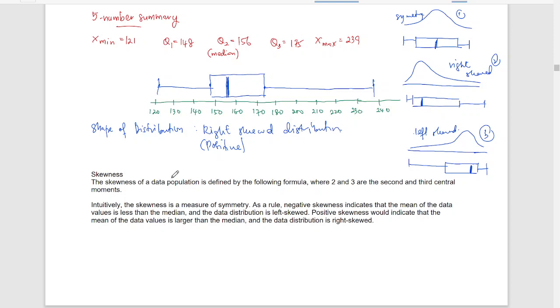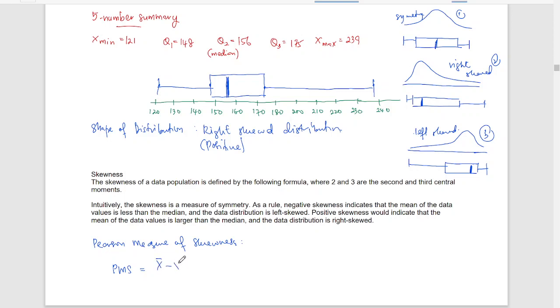So you boleh juga gunakan measures, so this is what we call the Pearson measures of skewness. And there are two methods or two ways you can calculate the Pearson measures of skewness. Saya panggil PMS.